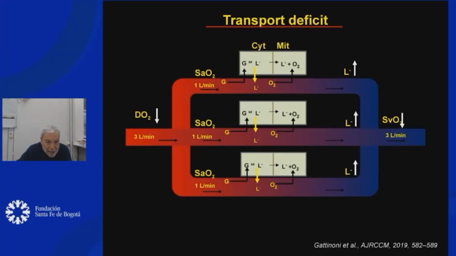The glucose becomes lactate, and this goes into the mitochondria. The lactate goes into the mitochondria and is consumed, but I have too little glucose and too little oxygen, and lactate goes up in all the 3 units, and SvO2 goes down.